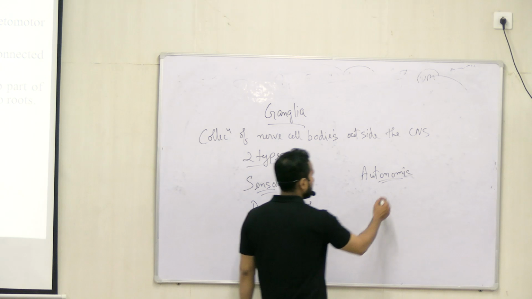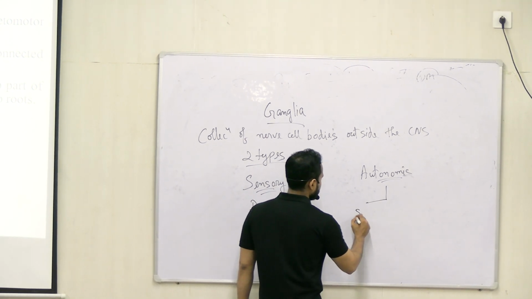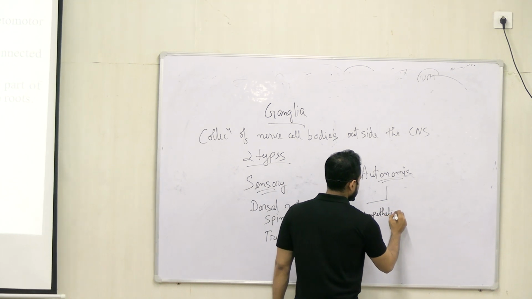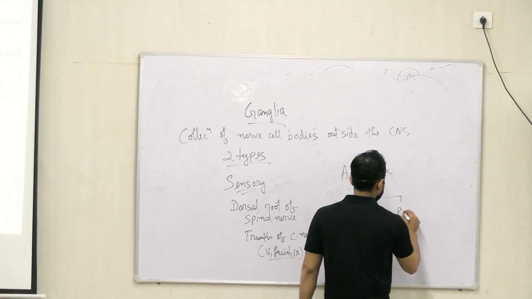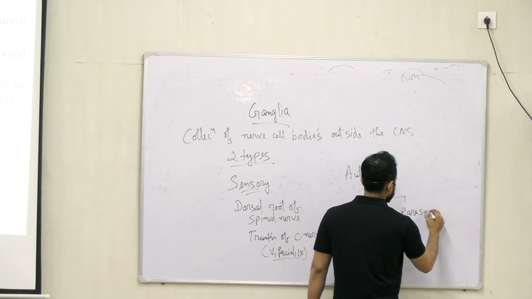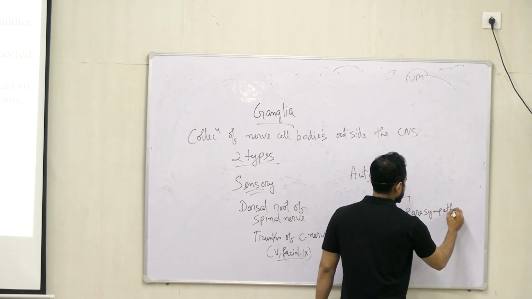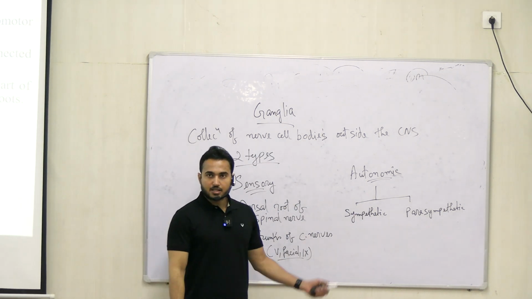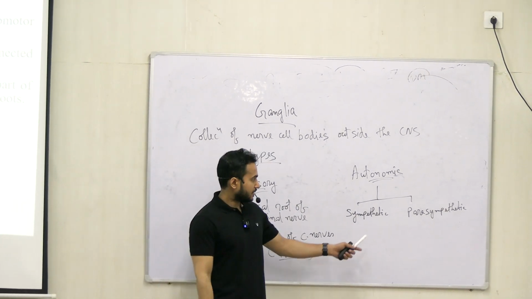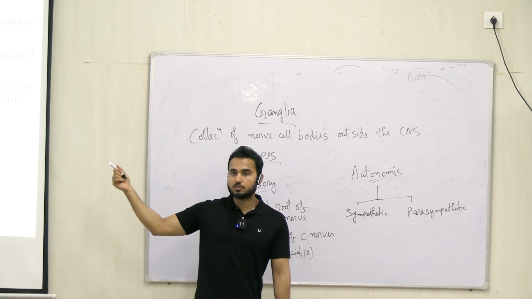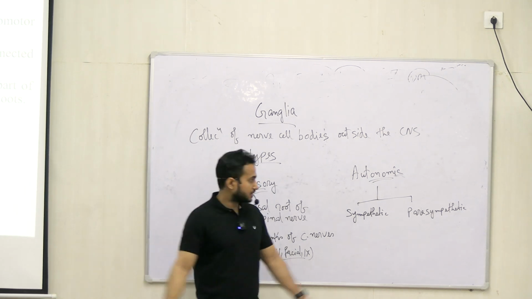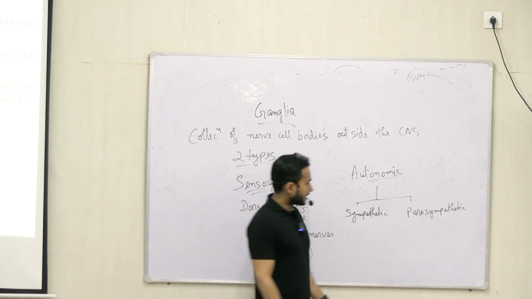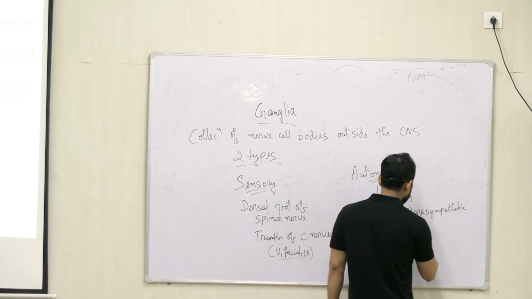Next, the autonomic ganglia are again divided into sympathetic and parasympathetic. The submandibular ganglion that I mentioned is a parasympathetic ganglion.